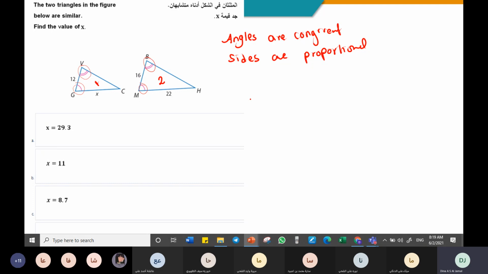So let's see, and pay attention whenever you put your measurements. I'm given VG, and the other side, which is proportional to this side from the other triangle, pay attention to the symbols, is BM, which will be equal to, I would like to get x. Let's start from the same triangle.